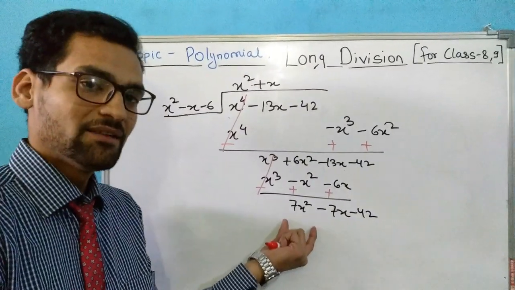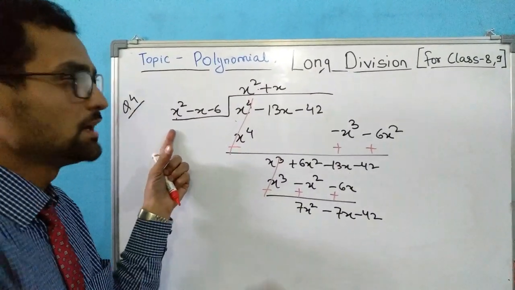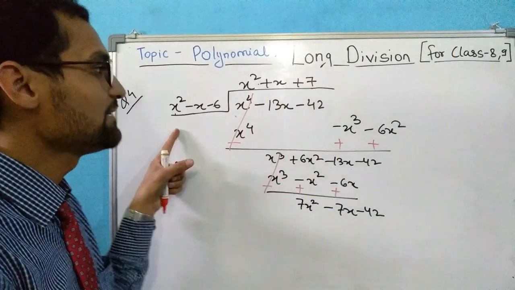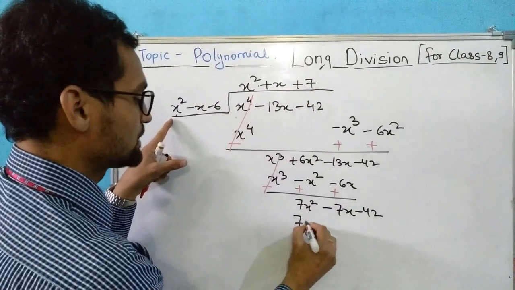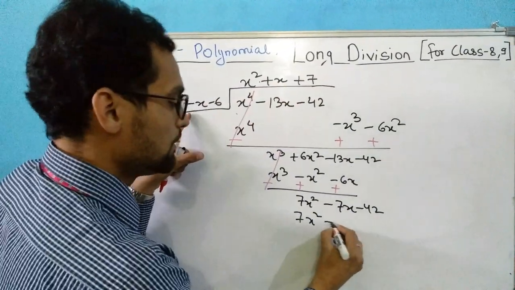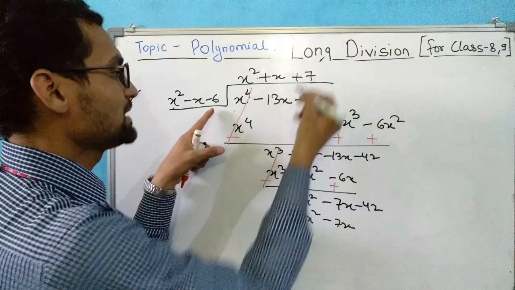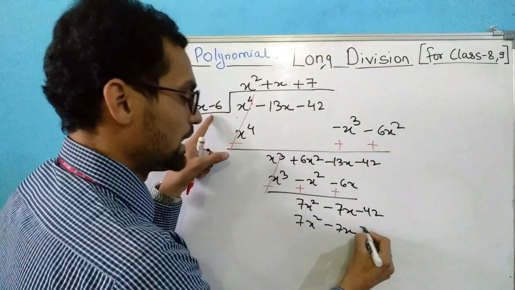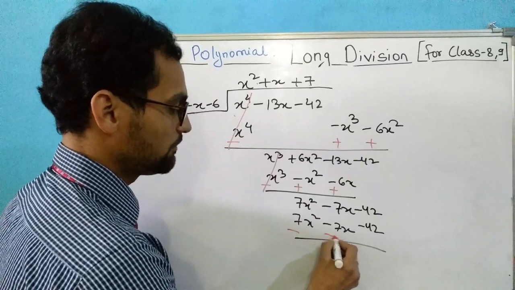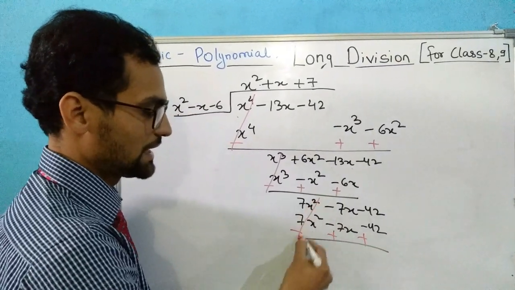Now we have minus 7x, x square is already there, so we have to multiply with only positive 7. This will be 7x square, 7 into minus x will be minus 7x, plus 7 into minus 6 will be minus 42, okay. If we change the sign, this will be negative, positive, positive, so this will cancel out.